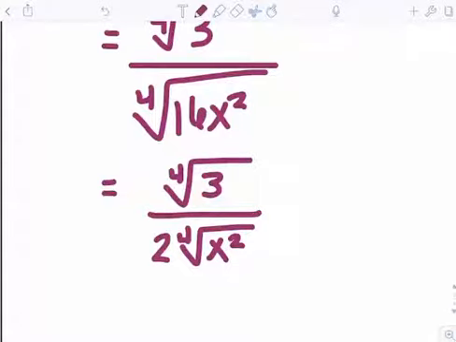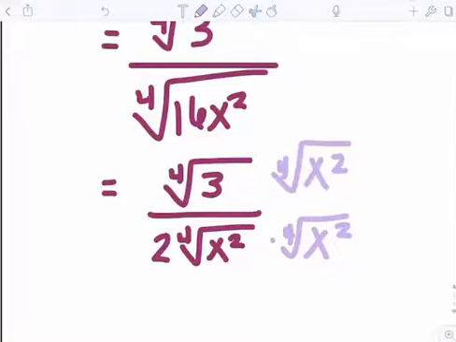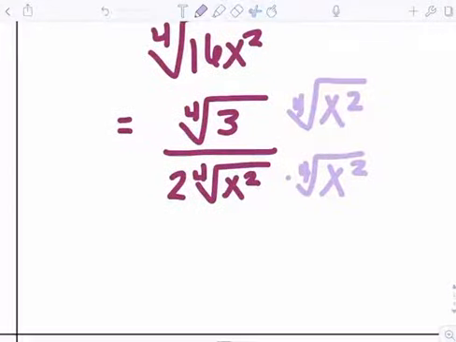Okay, so I want to get rid of the x squared. So how many more x's do I need to create a perfect 4th power? Well, that would be x to the 4th power, so I need 2 more x's to get that x outside of that 4th root.